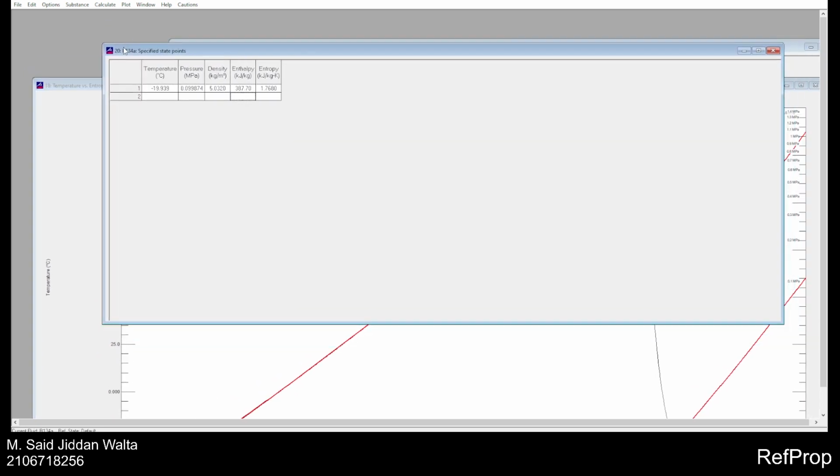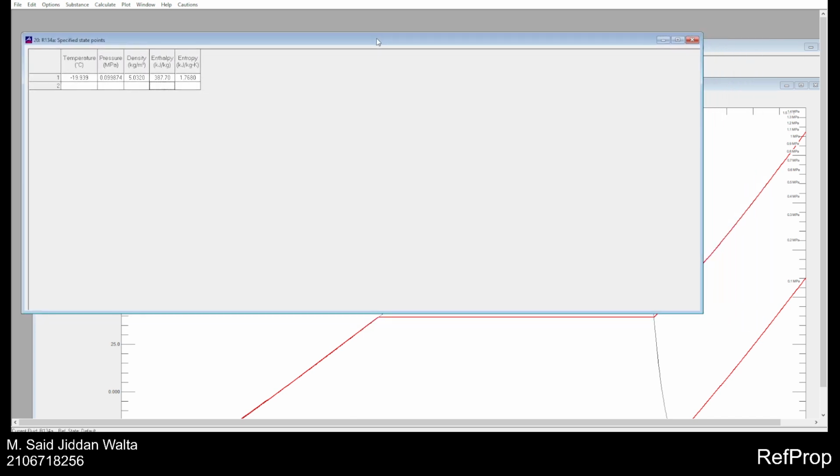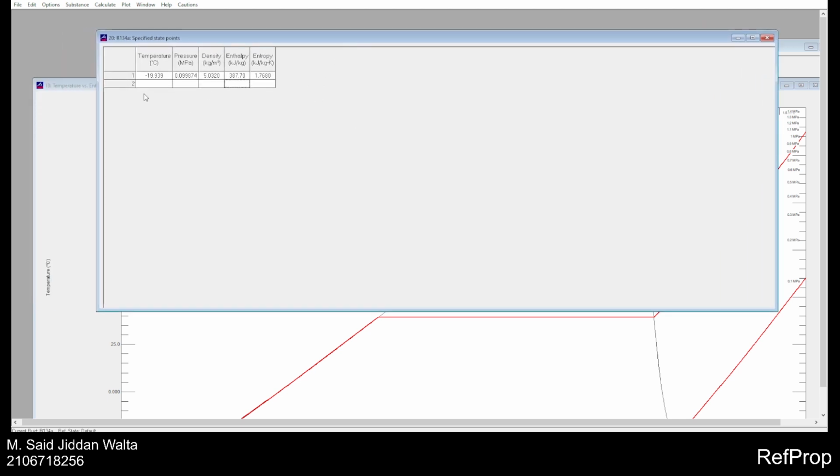So from our specified state points, we know that the entropy of the substance stays the same over this entire process, but the temperature changes. And the pressure shifts from this point of 0.1 megapascals to 1 megapascal. So we can just plug in the values that we want from before, where the entropy is the same, but the pressure is 1 megapascal.